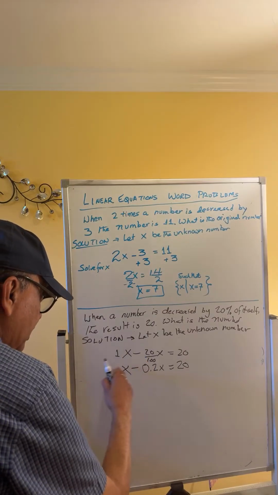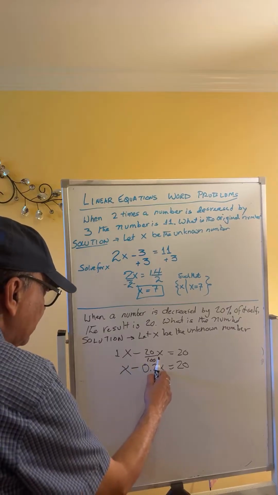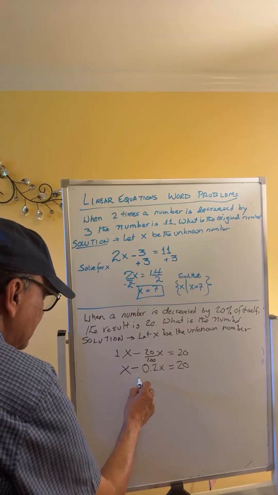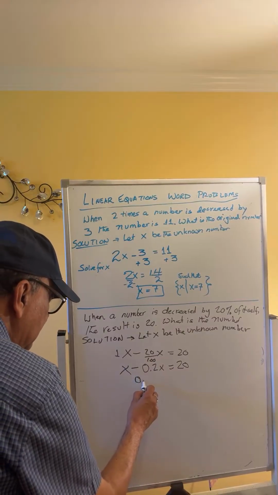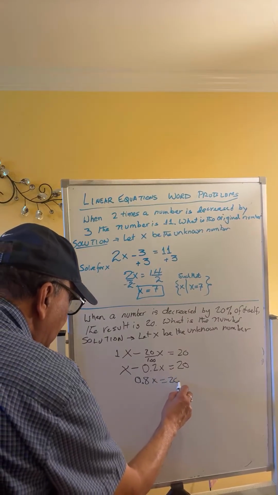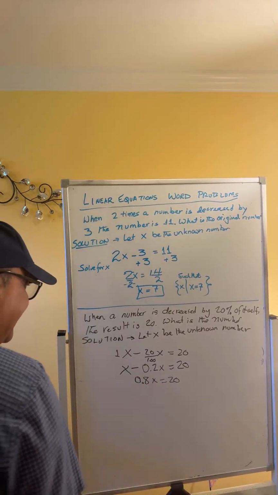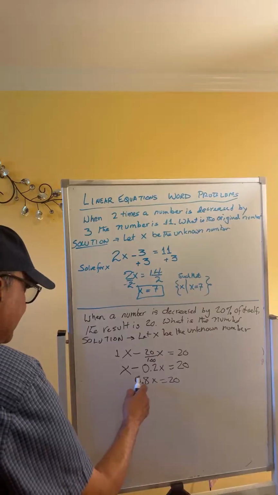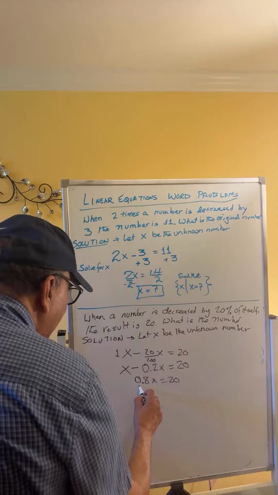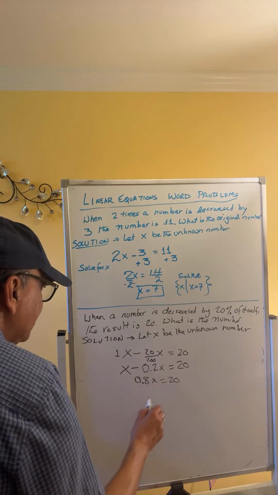So 1 is the coefficient of x in the first term, minus 0.2 is the coefficient of x in the second term. 1 minus 0.2 is 0.8x equal to 20. Now we will separate the constant term from the unknown variable x.